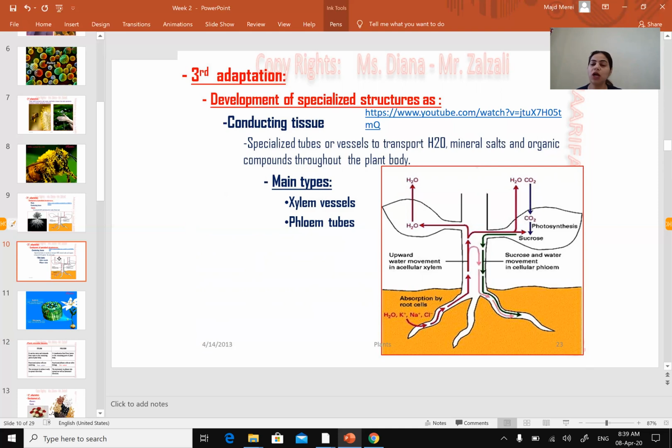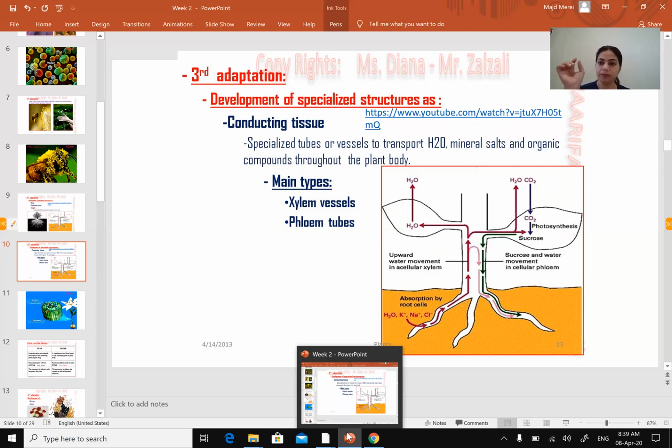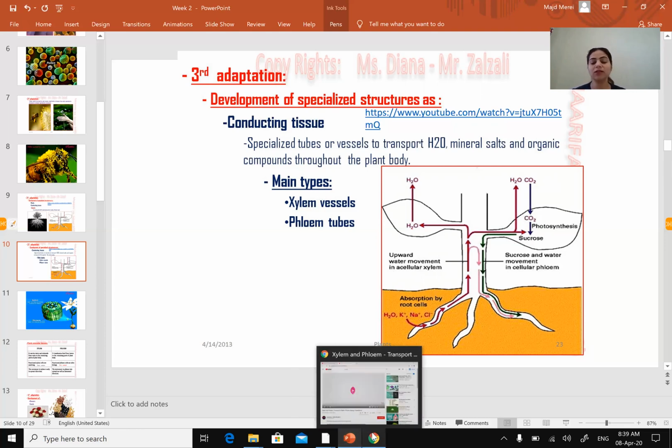The first one: which one of them has thicker walls, and which one of them has functional cells that are considered as living cells, and which one has cells considered as non-living cells.